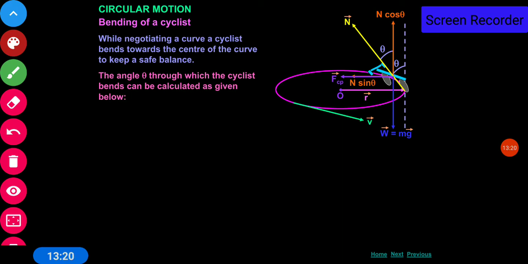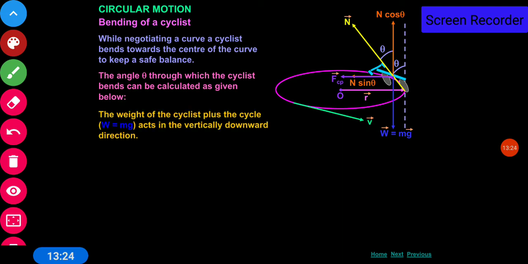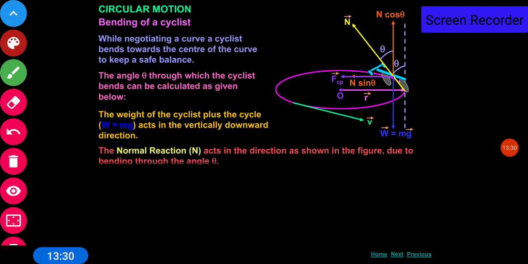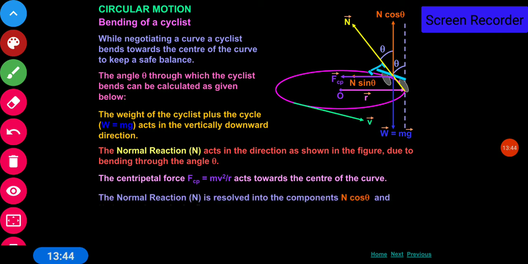The angle theta through which the cyclist bends can be calculated as given below. The weight of the cyclist plus the cycle acts vertically downward. The normal reaction N acts in the direction shown in the figure due to bending through the angle theta. The centripetal force F_CP is equal to mv squared upon r and acts towards the center of the curve.